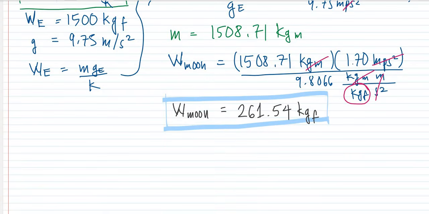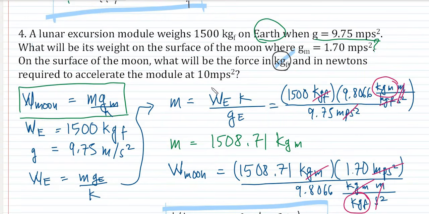So we will now again apply the second law of motion. F is equal to ma over K. K is the proportionality constant, so that the units will all be cancelled. Okay, so we have the mass of the lunar excursion module, 1,508.71 kilogram mass, and we want to accelerate it at 10 meters per second square.